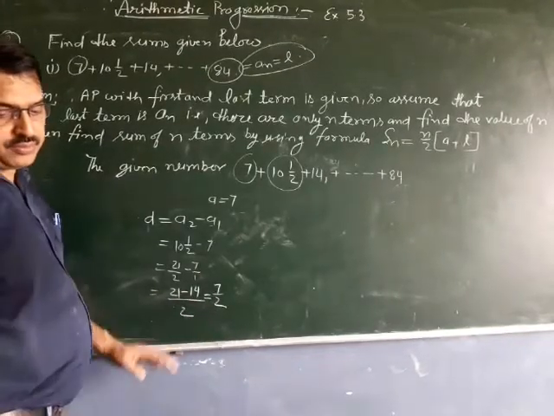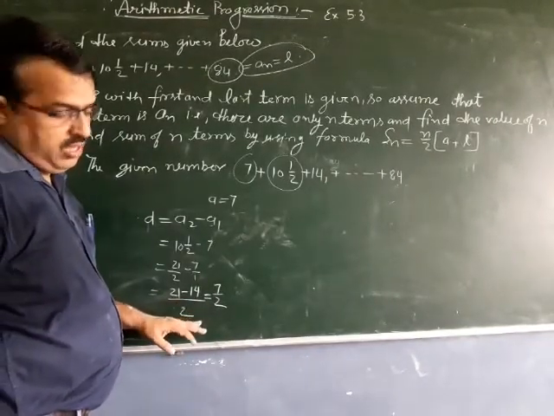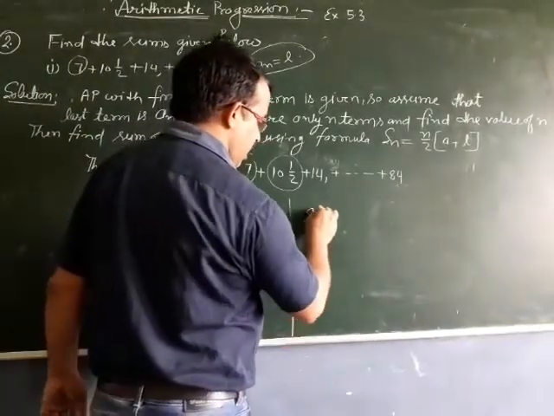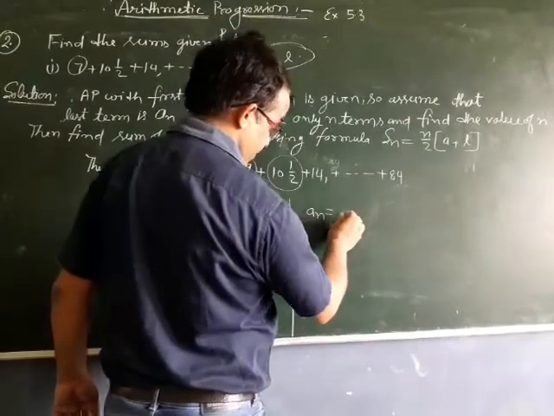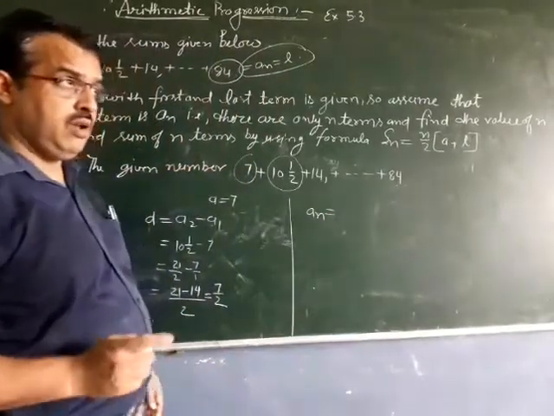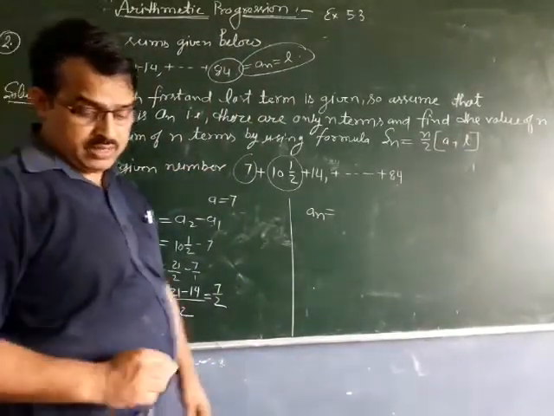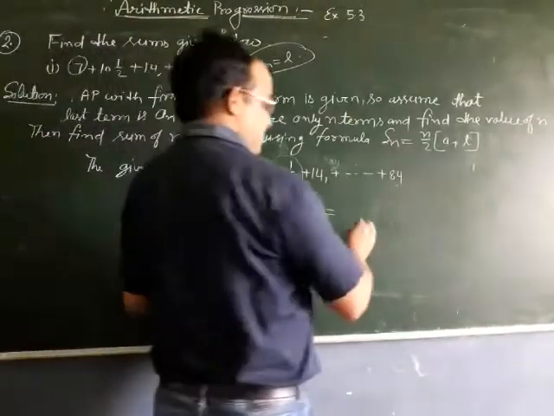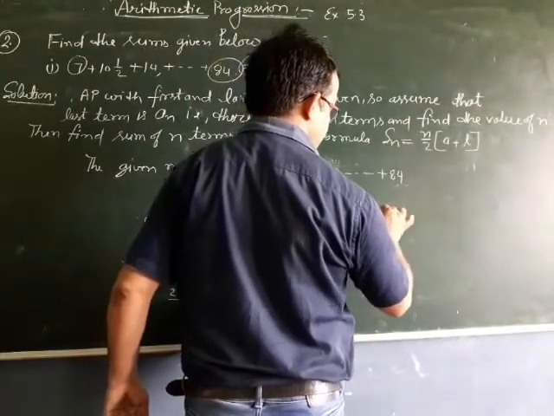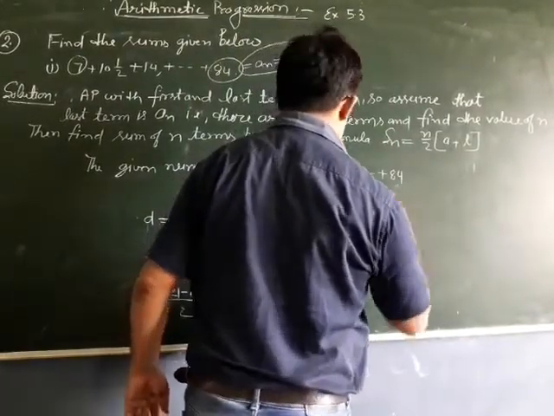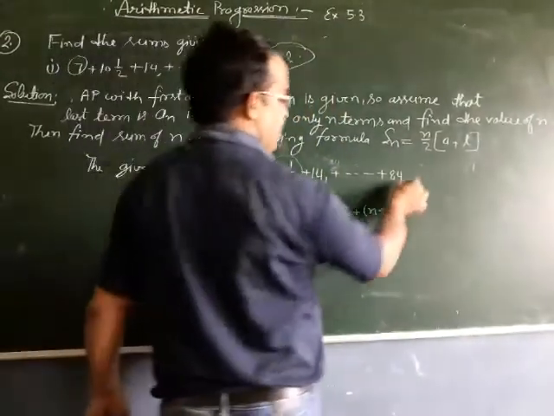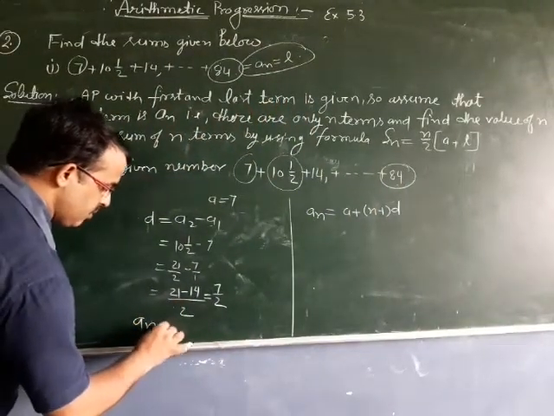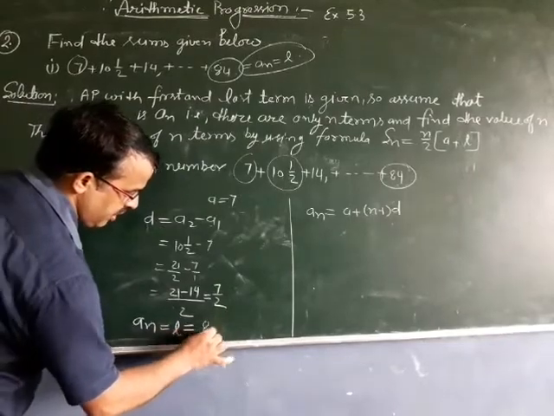Now find n. To find n, we use an is equal to the general form of AP, a plus (n minus 1) into d. Here an is given, an is equal to 84.